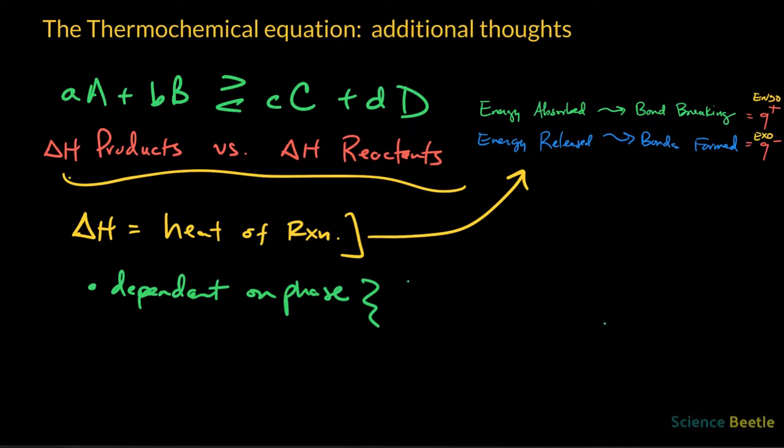For example, if you have a gas, this will release a certain amount of heat, but when you compare this to a liquid, the liquid is going to be releasing more heat, largely because the liquid is going to have a lower kinetic energy, whereas the gas is going to have a higher kinetic energy. And so that extra kinetic energy in the gas is going to be lost as the material goes from gas phase over to liquid phase.